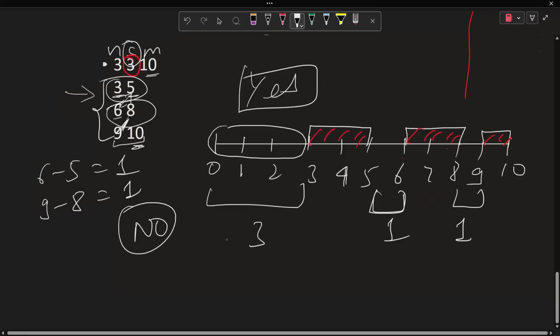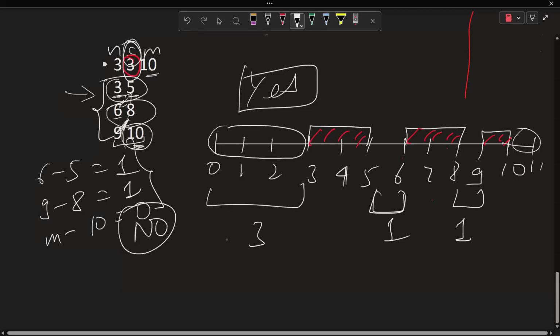And after 10, let's suppose m was 11, we would have one more interval of 1 minute here. So we would also check m minus the end of the last interval. This would give me the final gap. Here m was 10, so it was 0 only. So we would check all the gaps and take the maximum among them.